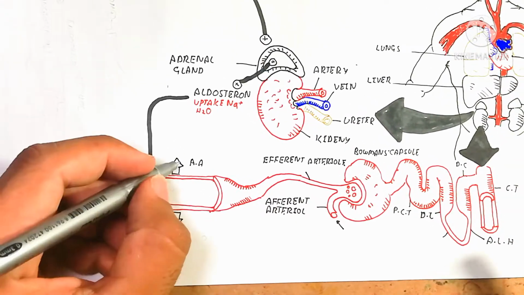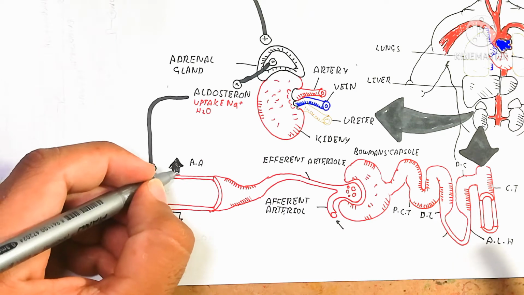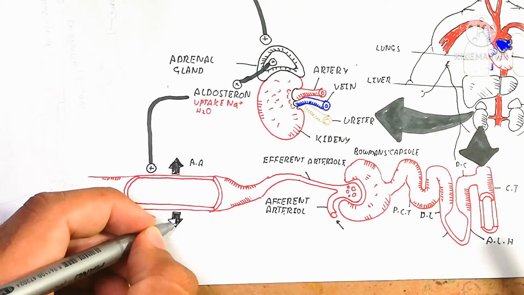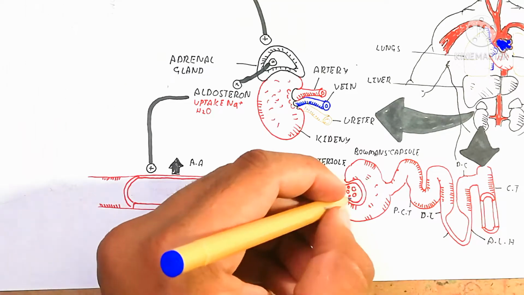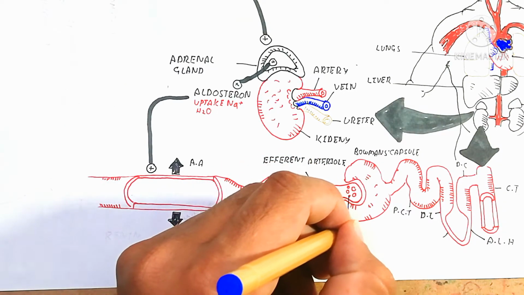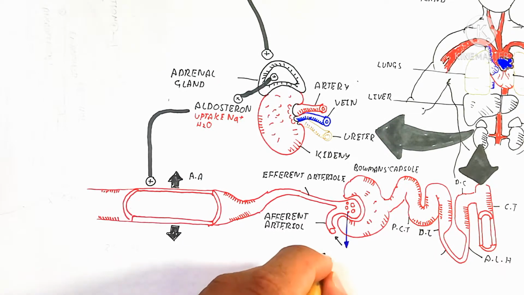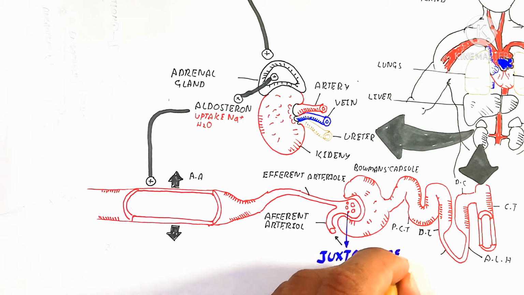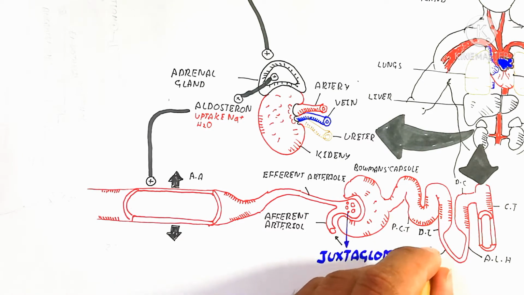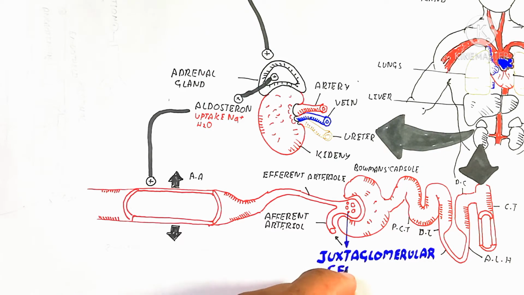for the vasopressin system. So here is the efferent arteriole, and when the efferent arteriole contracts, it means the blood pressure of the efferent arteriole will be low. So that low blood pressure will allow absorbing more ions.